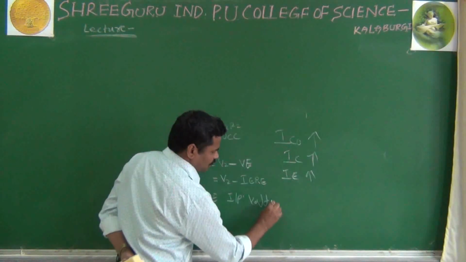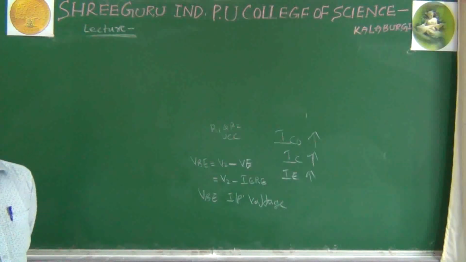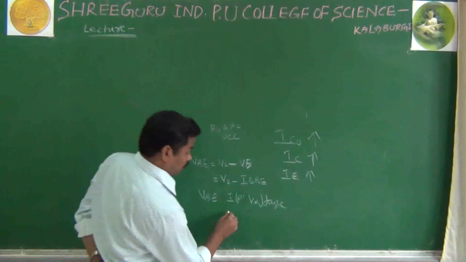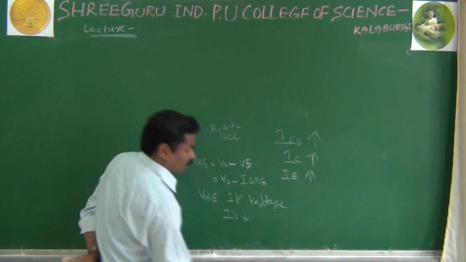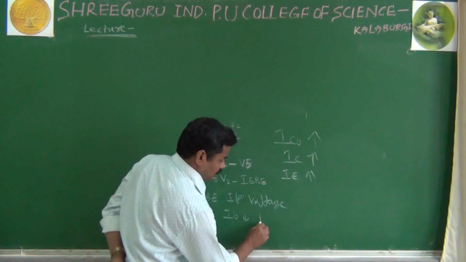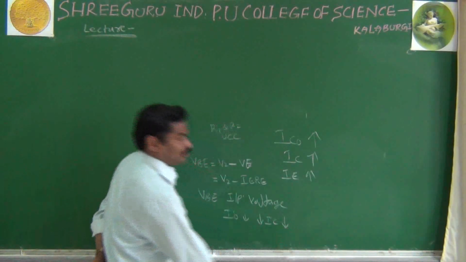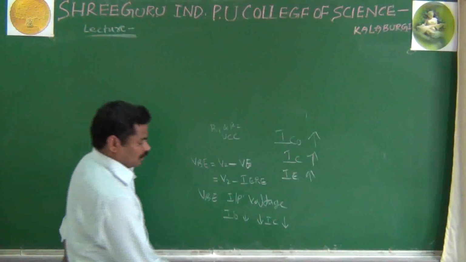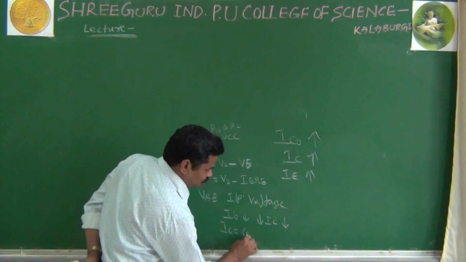And as we know already, if the input voltage decreases, then the input current IB also decreases. And once the input current decreases, no doubt the output current IC also decreases. That makes your IC stable. IC will be constant.